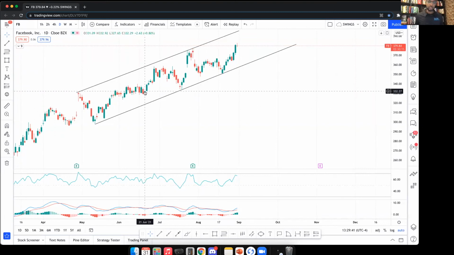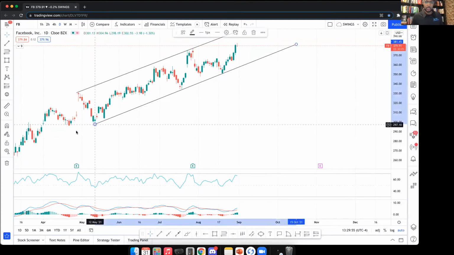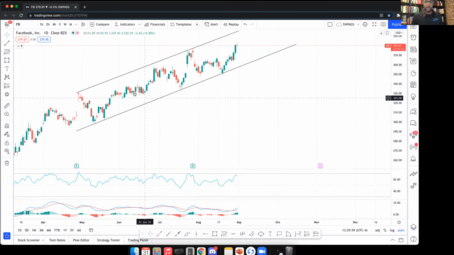So we're going to learn the psychology behind that. But this is the channel, all right? This is the support level with this trend line, and then the resistance level with this upper trend line. We're going to learn how to draw trend lines in the future, but this is essentially what you're looking for, a tradable asset, all right?